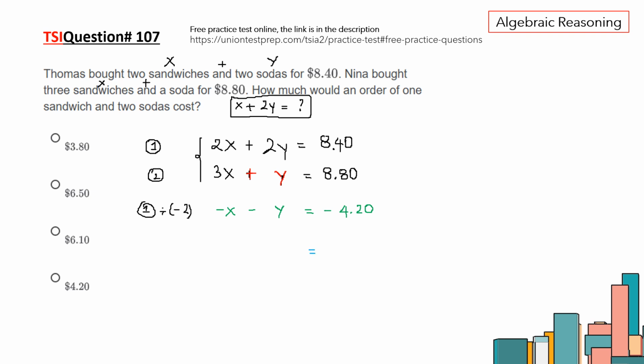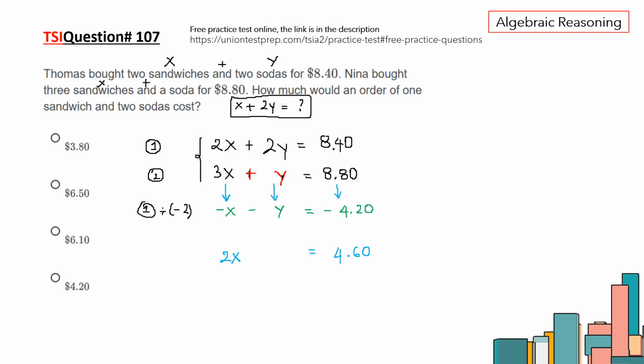Let's do the equal sign right here and add column by column. So I have 3x minus x is 2x. Positive y minus y is 0. 8.80 minus 4.20 will be 4.60.